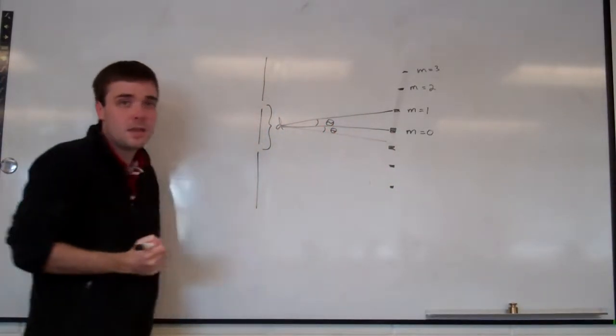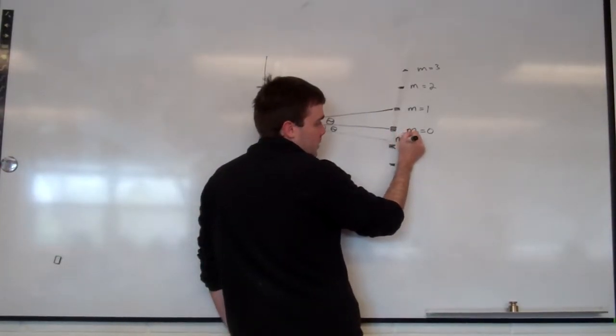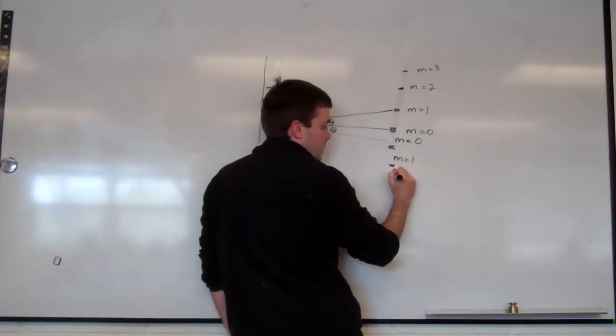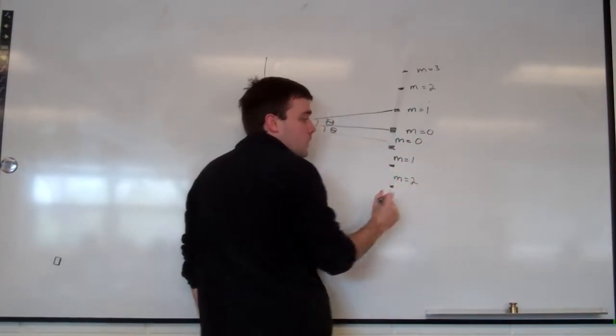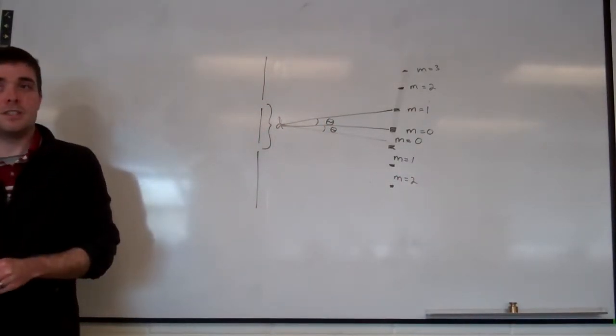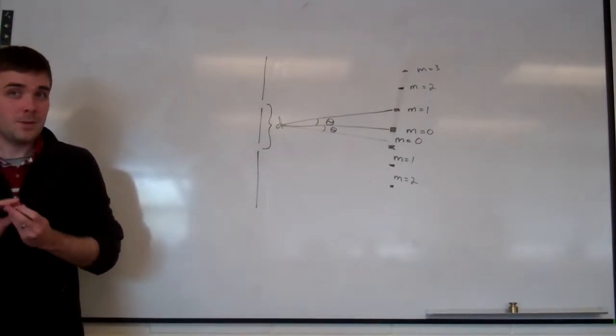Does that make sense? For the dark spots, the first order one is m equals 0 instead. Second order is m equals 1. Third order is m equals 2. So for the dark spots, it's kind of subtracting 1 from it. Does that make sense to everybody?